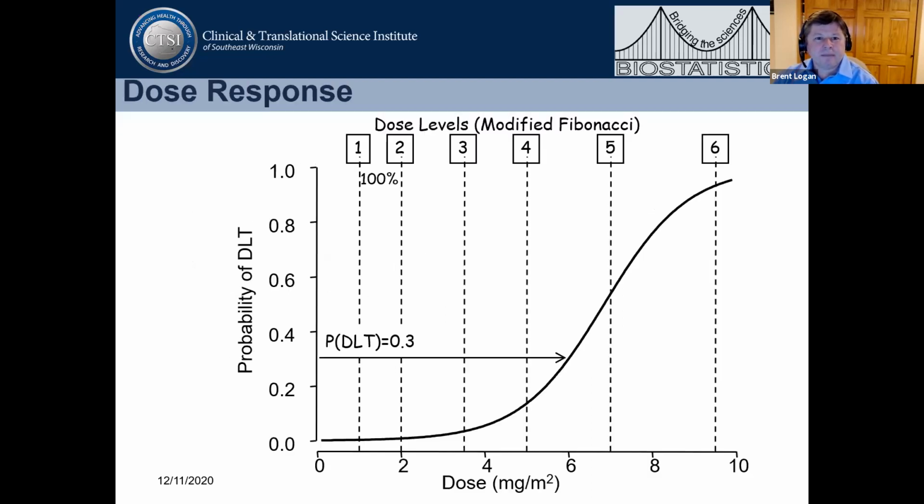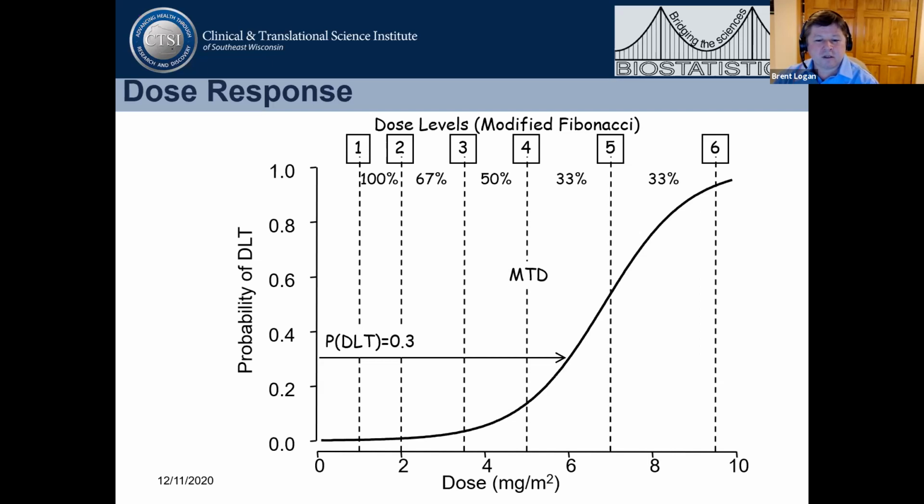So if there is a dose response, or an examination of the dose limiting toxicity rates against the dose level of a treatment, this is typically described through what's called a dose response curve.